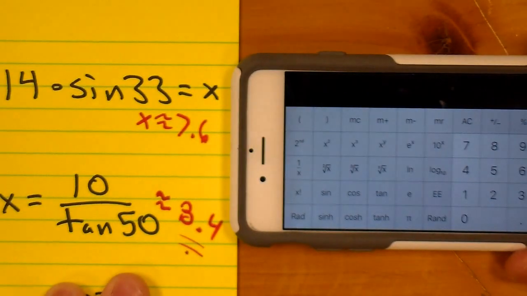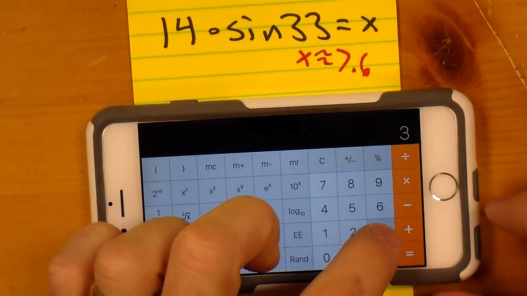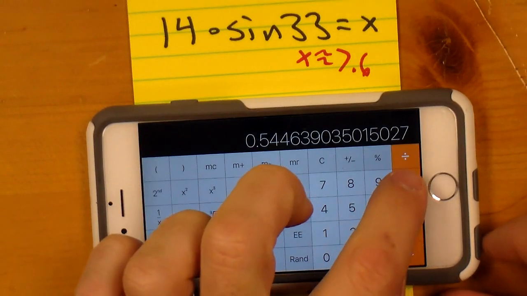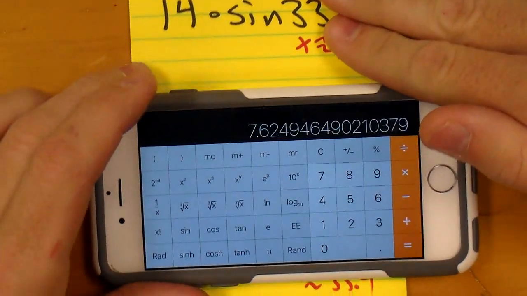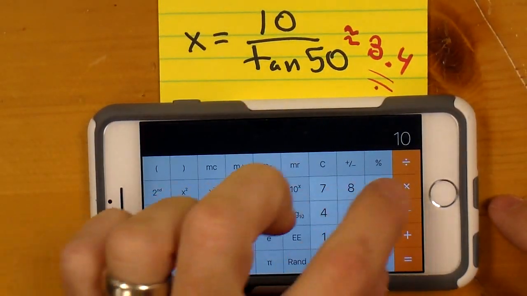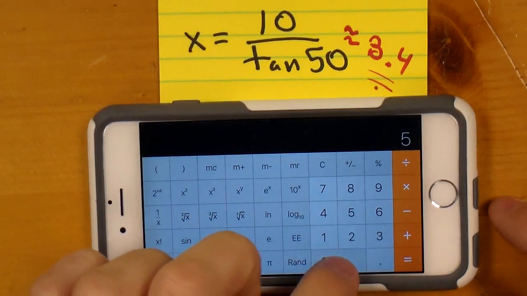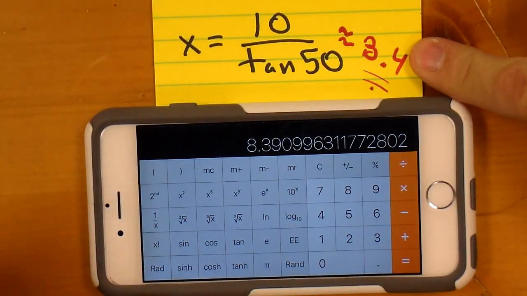So for our first one, 14 sine 33, I'm going to do 33 sine times 14, which gives me about 7.6. That one's good. Then we're going to go 10 divided by, we go 50 tangent equals about 8.4, 8.39.